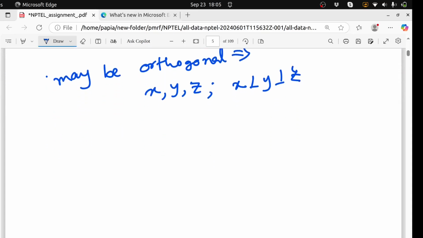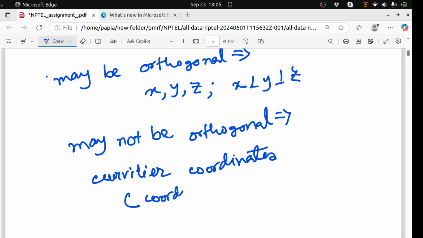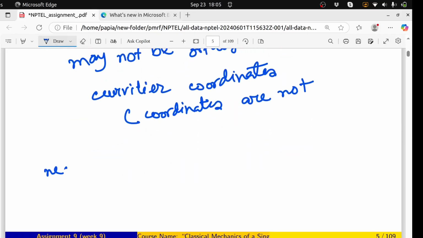But they may not be orthogonal, and for this I can give the example of curvilinear coordinates, which are not necessarily orthogonal.